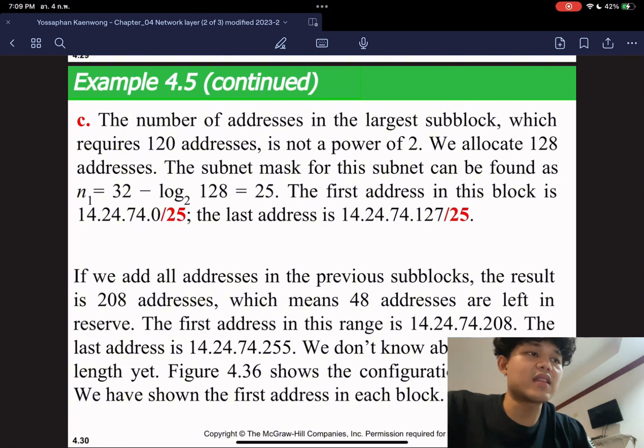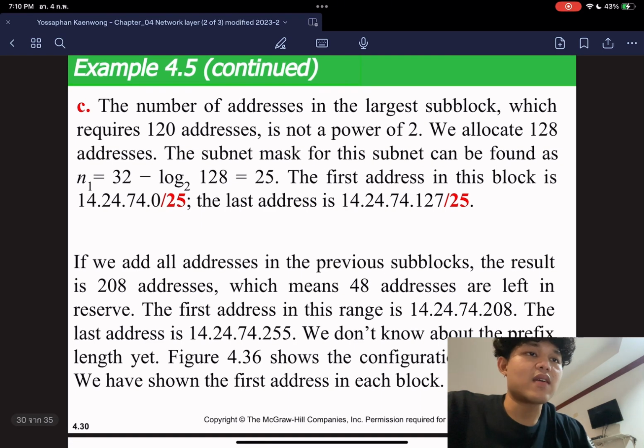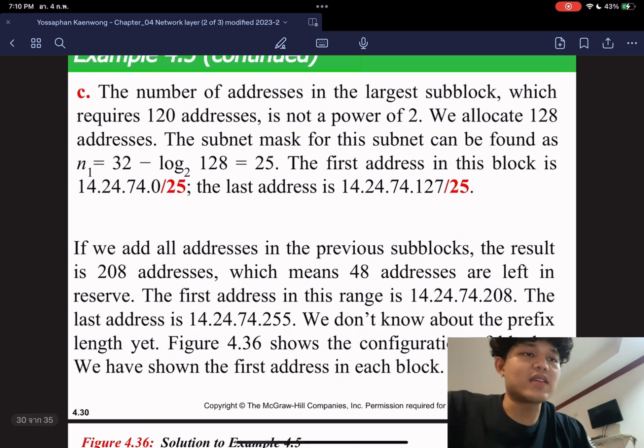The first address in this block is 14.24.74.0/25. The last address is 14.24.74.127/25. If we add all addresses in the previous subblocks, the result is 208 addresses, which means 48 addresses are left in reserve.